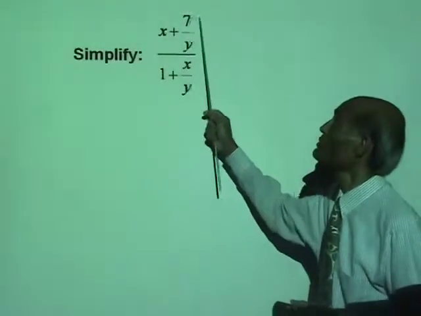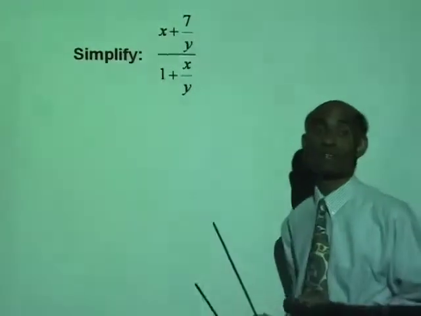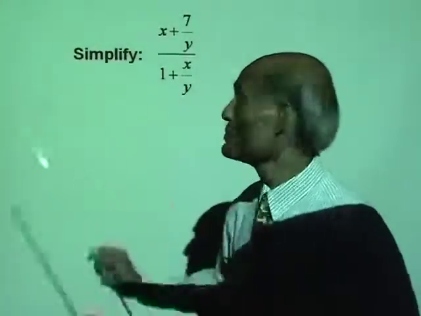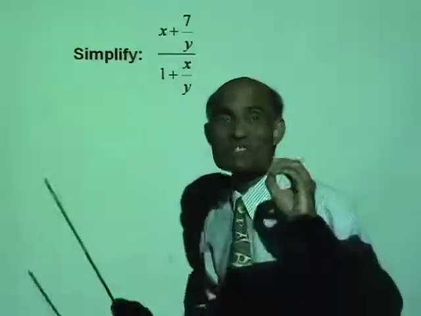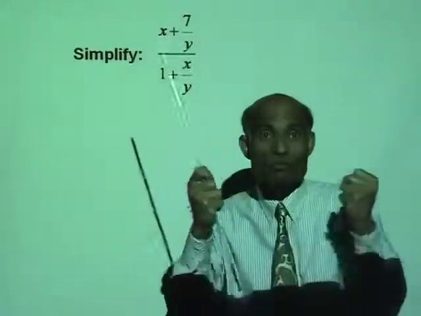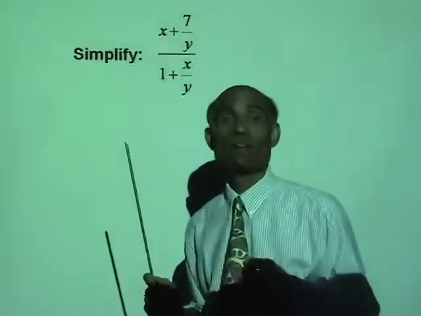Now, this is the numerator and this is the denominator. Now, the problem here is the numerator is not a simple fraction. It is the sum of two numbers, x plus 7 over y.